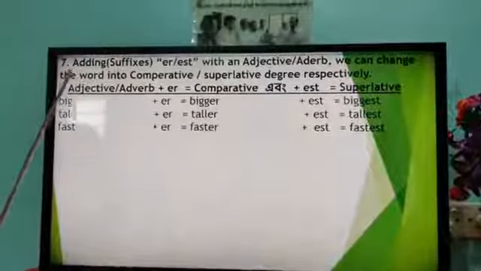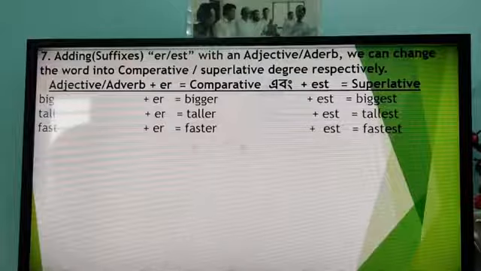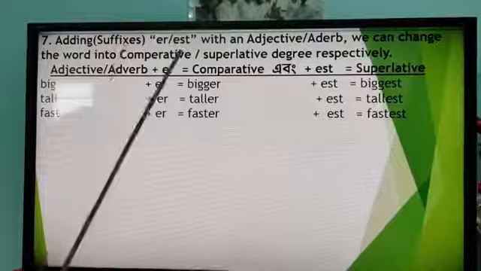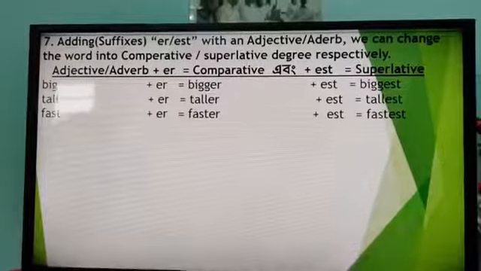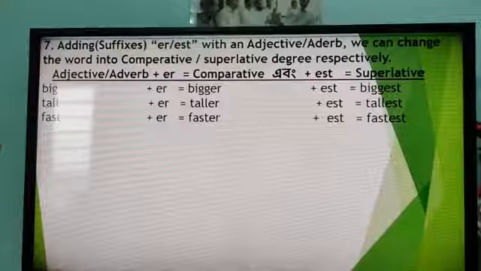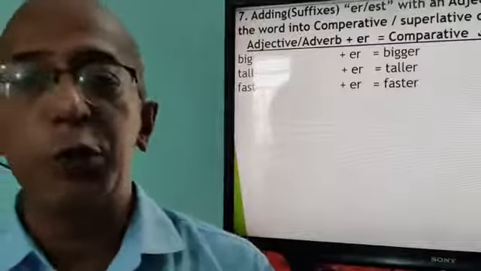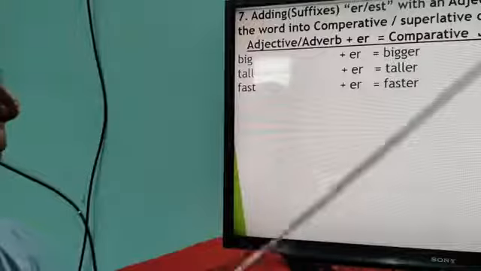Number 7. Adding suffixes er or est with an adjective or adverb. We can add er or est with an adjective or adverb to change degrees. You know that er is added to make comparative degree and est is used to make superlative degree.